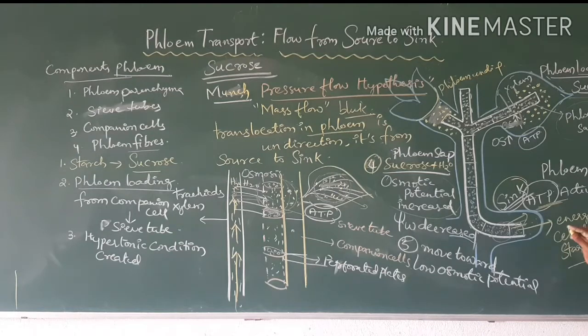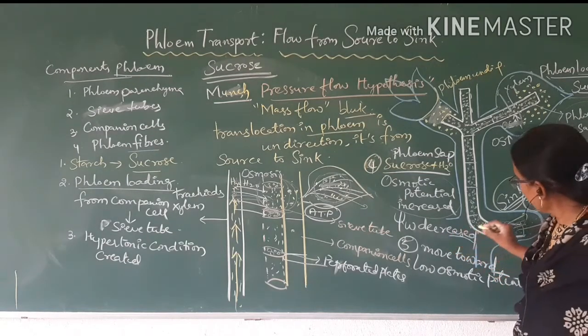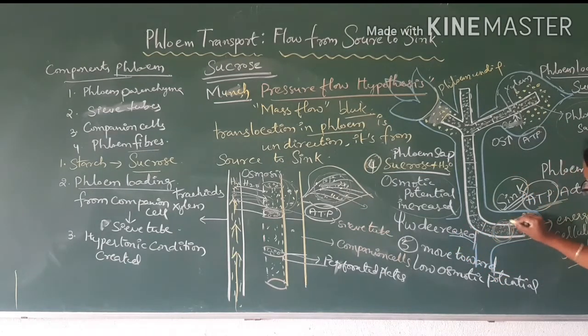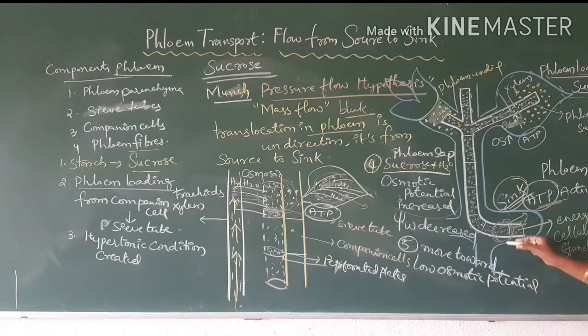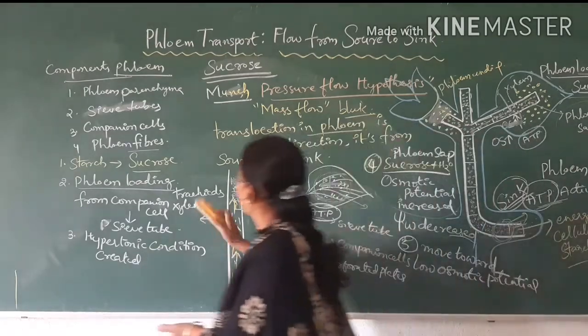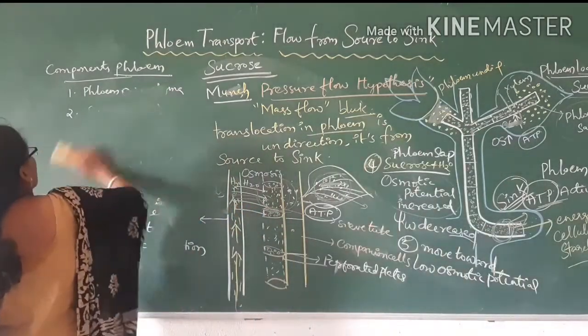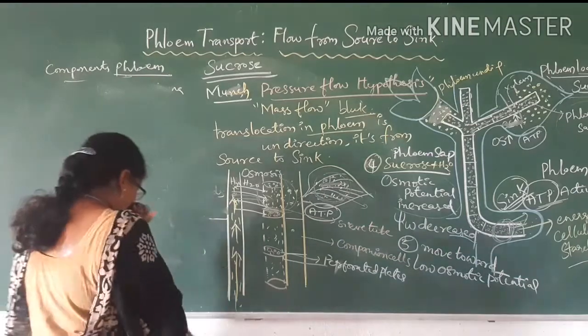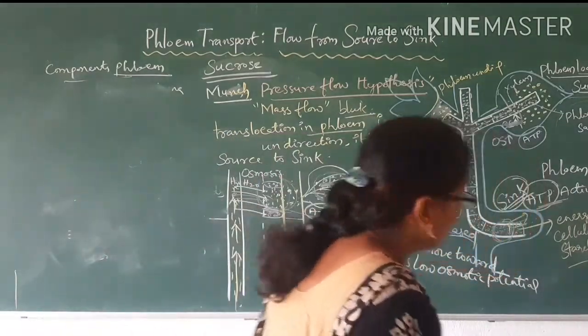When the sucrose solution is released from the phloem, ultimately the osmotic potential is decreased.